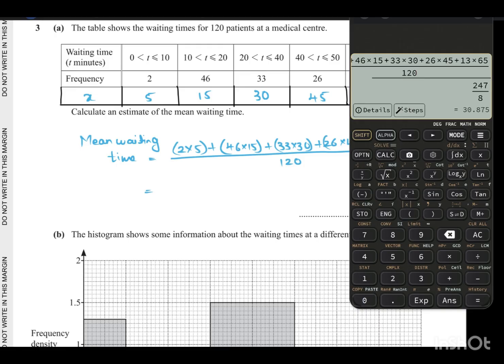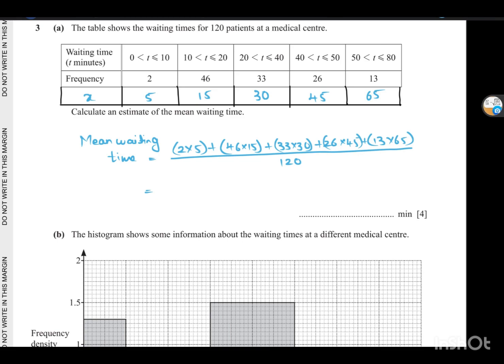So the answer is 30.875 minutes. This is the answer. Question 3A is done. Question B now.